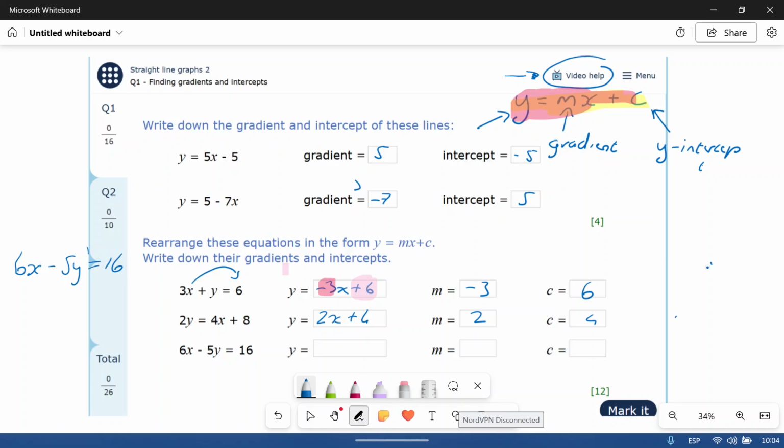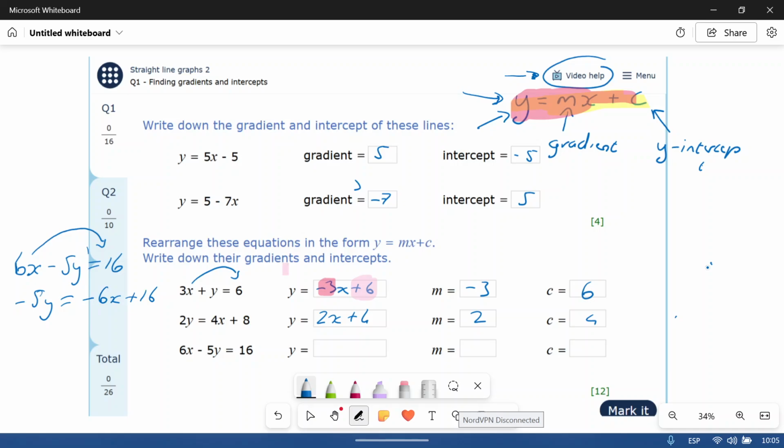This one's going to be a mission, I have to be honest, ladies and gentlemen. Let's just remember, we want the y by itself, so we're going to move this 6x there. So we got minus 5y equals minus 6x plus 16, when the positive 6x becomes a negative 6x.